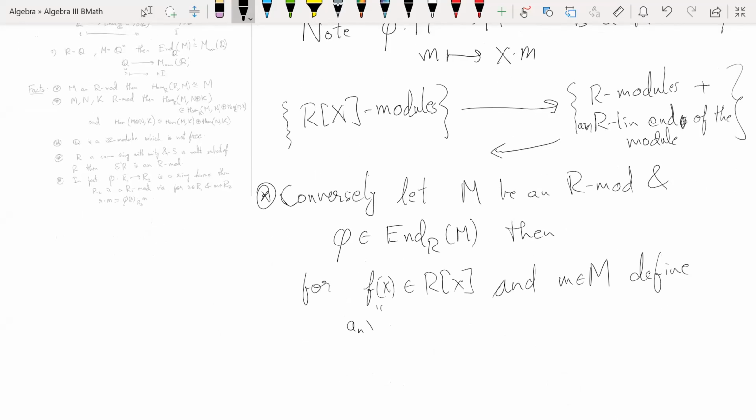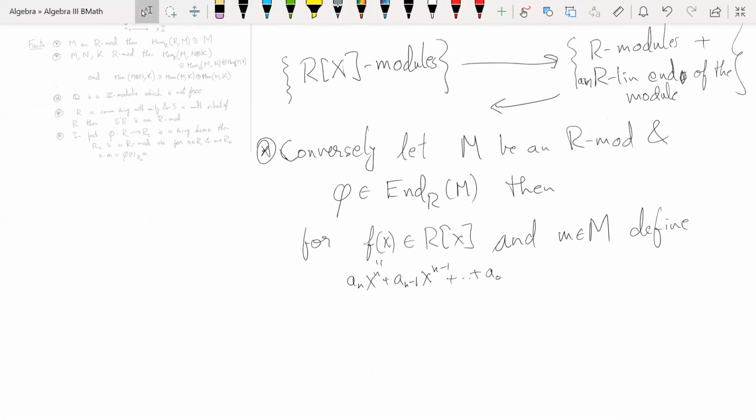So a_n x^n plus a_{n-1} x^{n-1}, and so on. I'll need some notation for our polynomial f(x), where the little a_i's are in R. Define f(x) dot m to be, so if it's just a_0, so maybe degree is 0, then you know what to do. a_0 is in R, and we already know what the scalar multiplication is, so a_0 dot m.